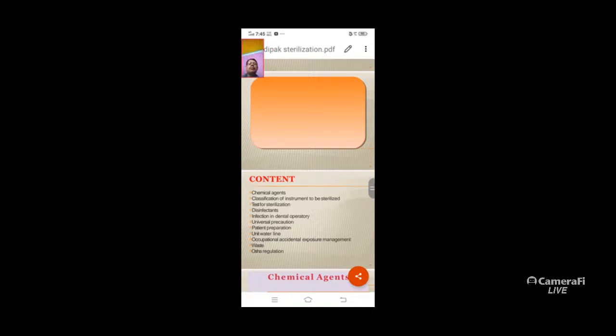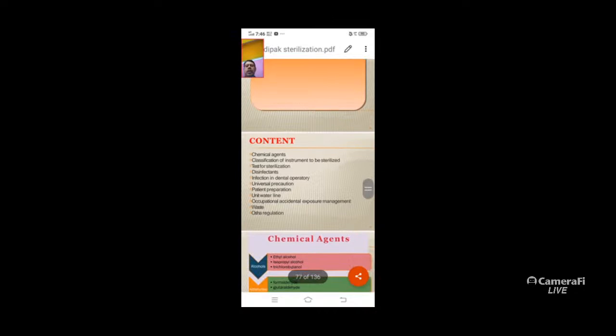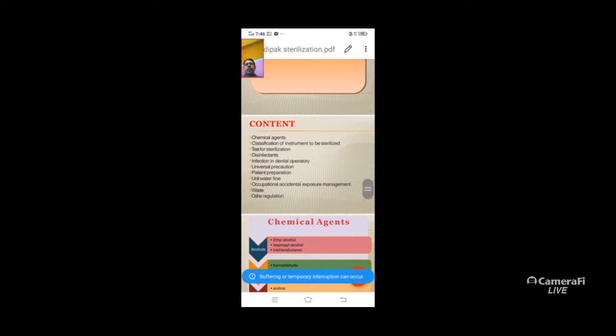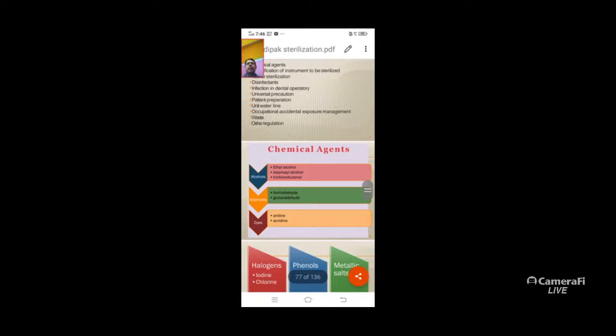Next, and most important, are the chemicals which are used for sterilization, or basically as disinfectants. In this category we will discuss chemical agents, classification of instruments to be sterilized, tests of sterilization, disinfection, infection control in dentistry, universal precautions, patient preparation, uniform wear, occupational and accidental exposures, and waste regulation.